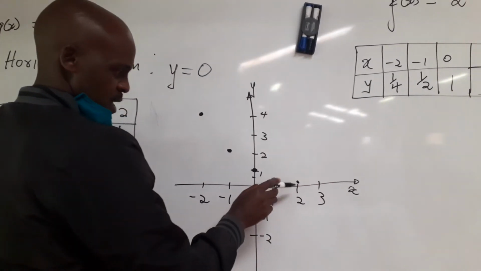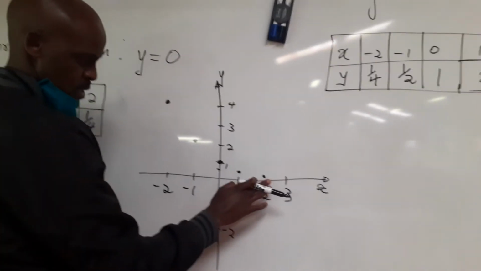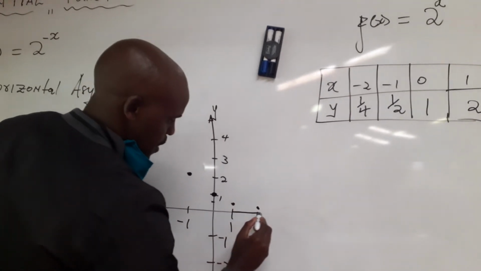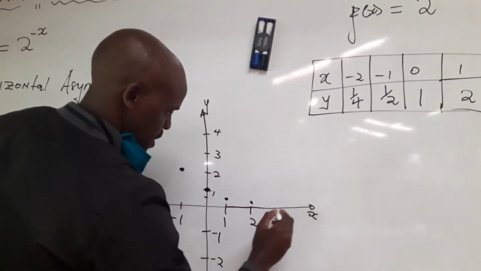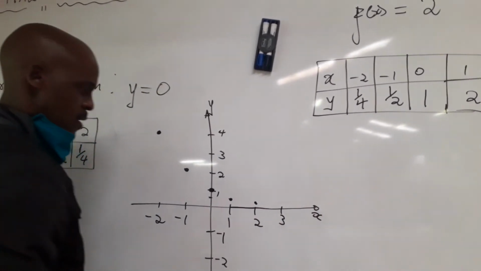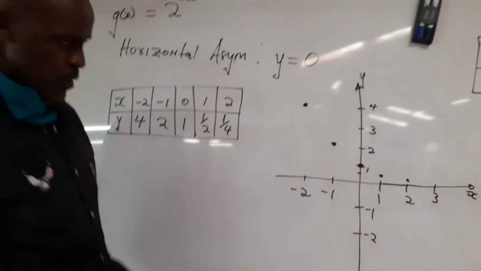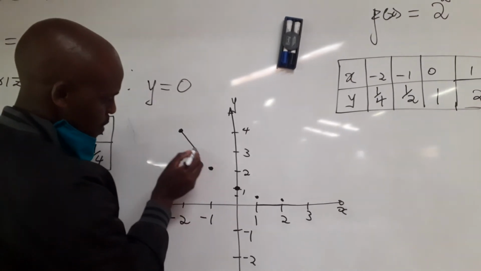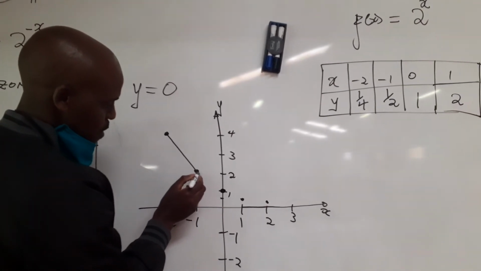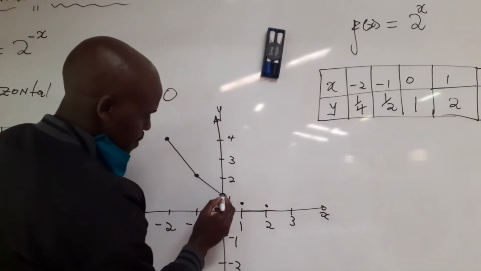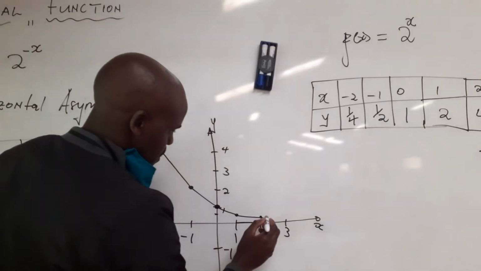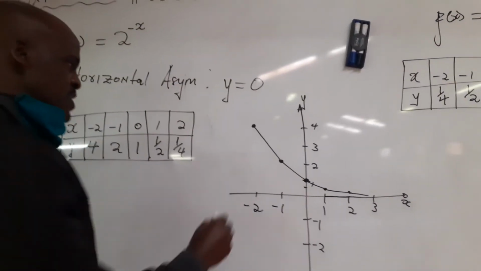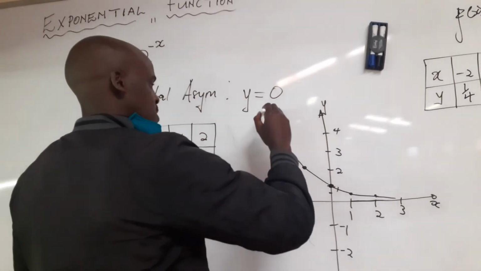And then it mustn't touch the x-axis. It must not touch the x-axis. Right. Let's join our points. It approaches the x-axis, but it mustn't touch the x-axis.